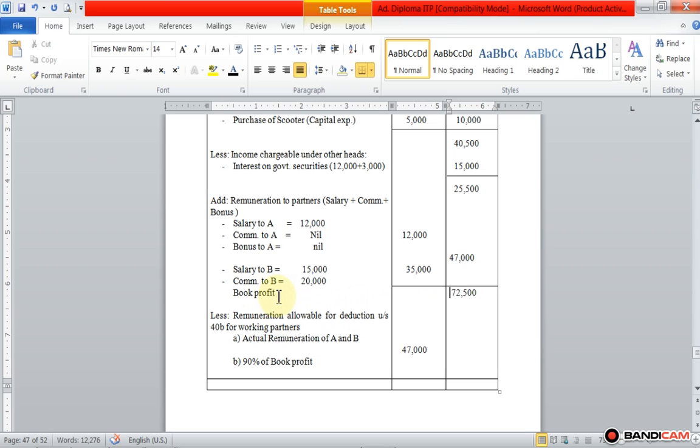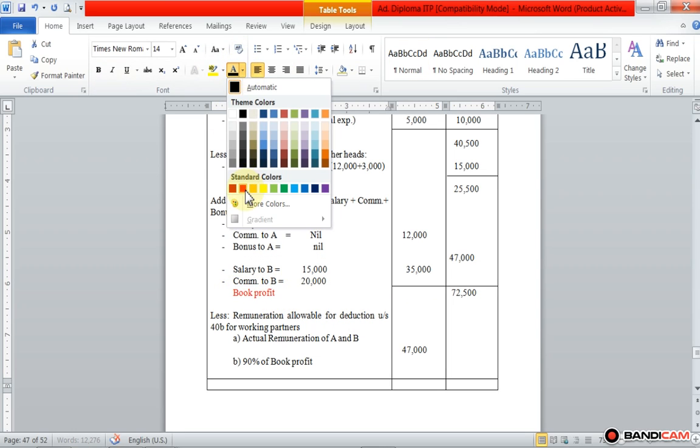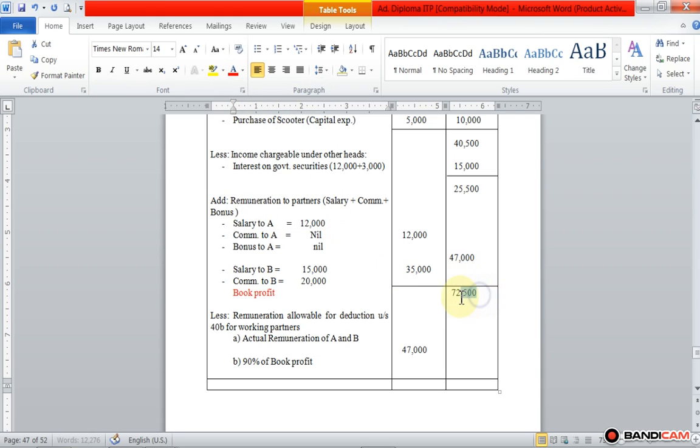We get a book profit, and book profit is equal to 72,500. No change in figures. Okay, only change in the procedure.